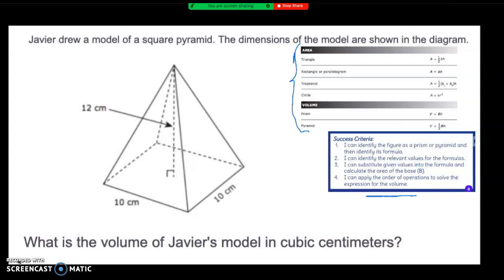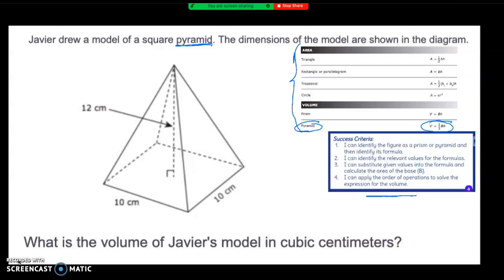So if we go back to our problem, we notice that right here in the name of the model, it is clearly a pyramid. It states a pyramid. So then we look at volume, and we have formulas for a prism and a pyramid. So we know we're going to be using this formula right here.